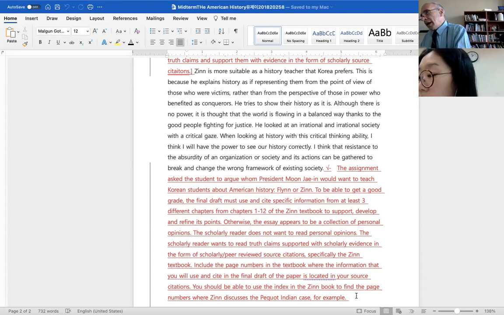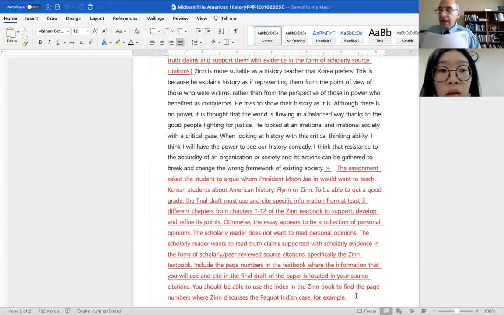That's where you find specific information about where Zinn talks about the Pequot Indian case. And you can put those page numbers in your paper if you talk about the Pequot Indians or Columbus.